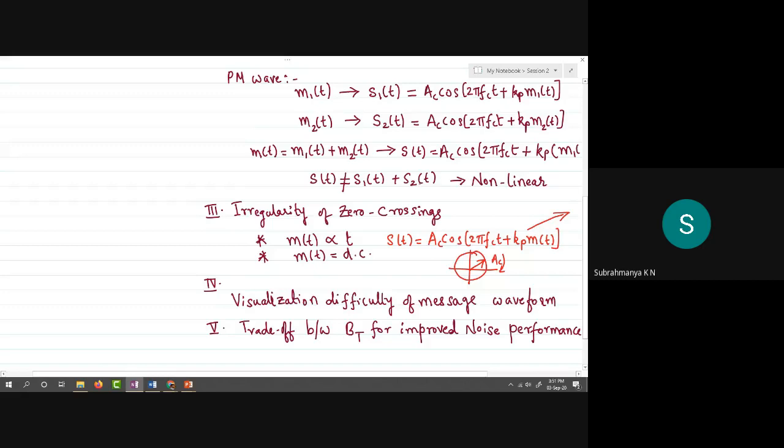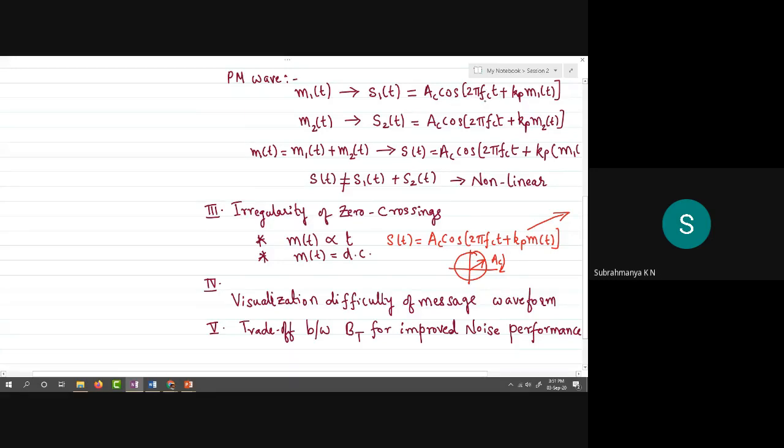FM signals, although we say it is a frequency modulated signal, indirectly the phase of the carrier is also varying. If you vary the phase of the signal, indirectly you are varying the frequency of the signal, because both the terms are arguments of the cosine itself.